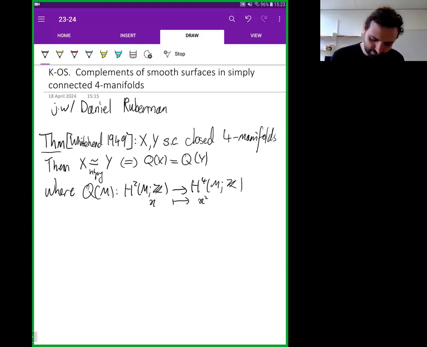And then the smooth classification turns out to be a lot harder. The versions of the Poincare conjecture are still open, as you probably all well know.